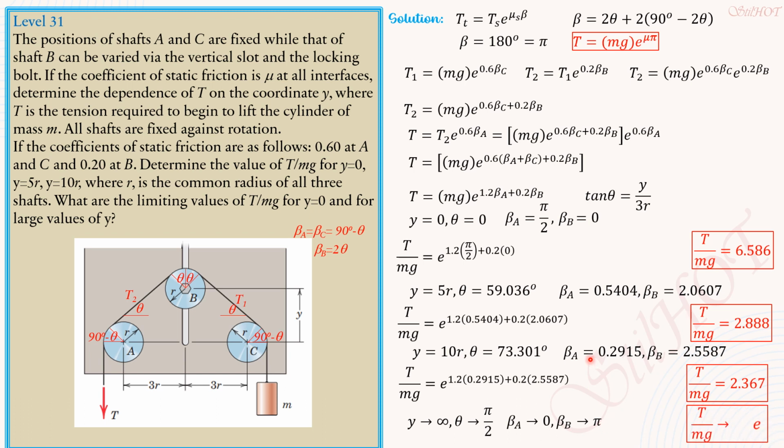So T over mg equals e to the mu sub s times pi. I hope that you understood it. Beta B approaches pi, beta A is 0, and since this is the only part where the belt is in contact with the cylinder, and it is cylinder B, beta A and beta C are 0, so that would be the limiting value of the ratio T over mg when y approaches infinity.